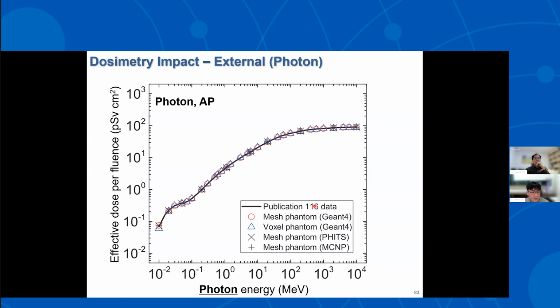As you already know, ICRP 116 data are calculated based on voxel phantom. So as you can see, the excellent agreement between the mesh and voxel phantom, we can see over the entire energy region.